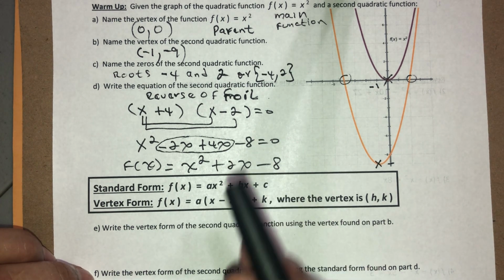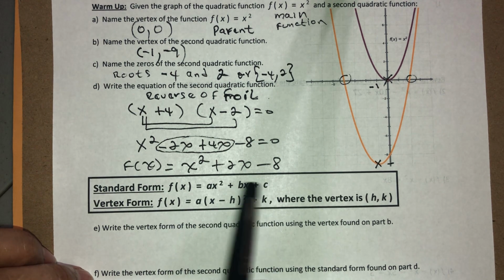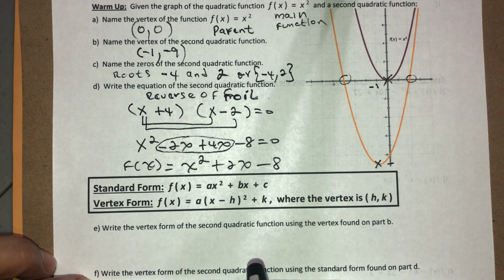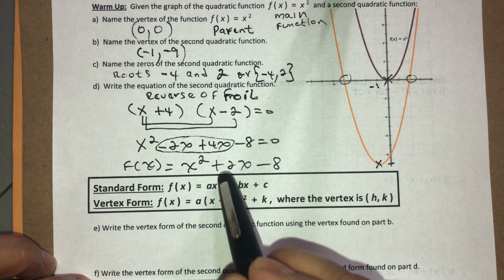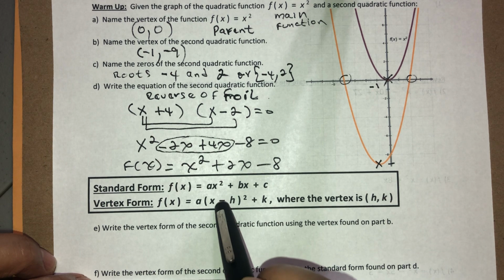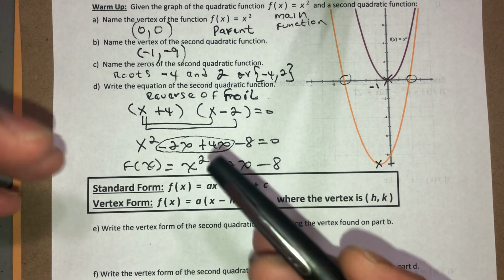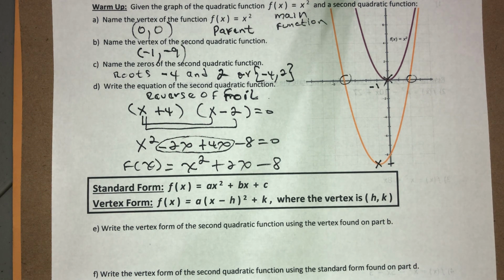When I ask you to write something in vertex form, this is how it's supposed to look, not like that. So you have to read the question. If I give it to you in this form, you have to convert it to this form, and if I give it to you like this, you have to convert it back to that one. You're not going to do both. You have to do one or the other.